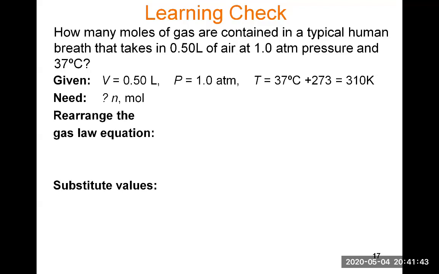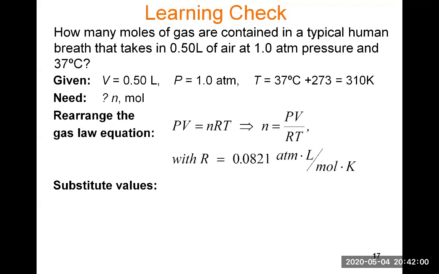So we will use the ideal gas law that says P times V equals nRT. And we will need to rearrange the equation such that we solve for n. So to solve for n, you want to divide both sides of the ideal gas law by RT.